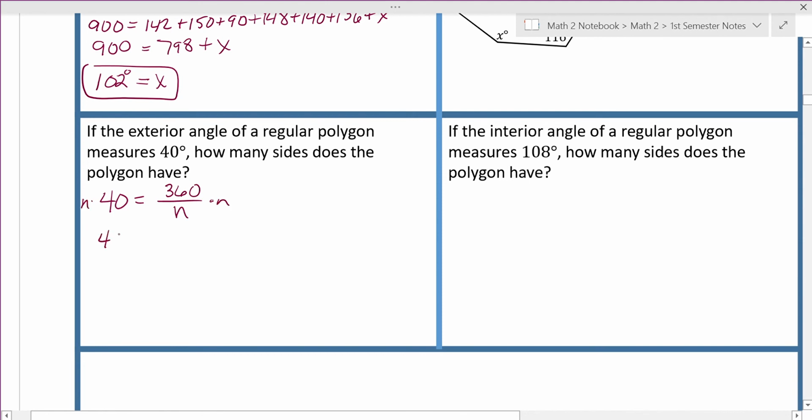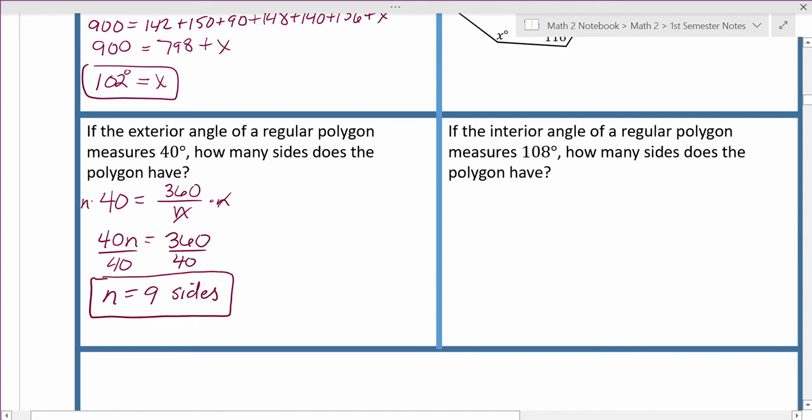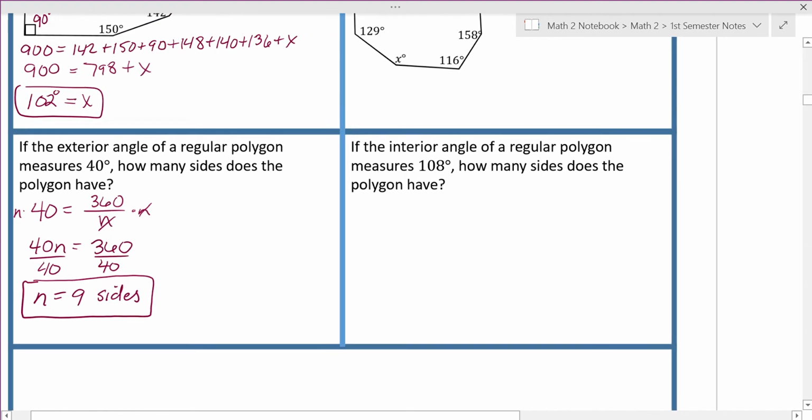So I'm going to have 40n equals 360, my n's cancel out. And then I divide by 40, and I get that n equals 9. So a regular polygon that has 9 sides would have a 40-degree exterior angle.